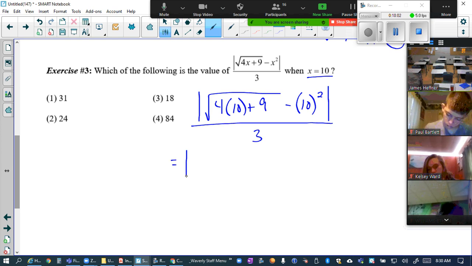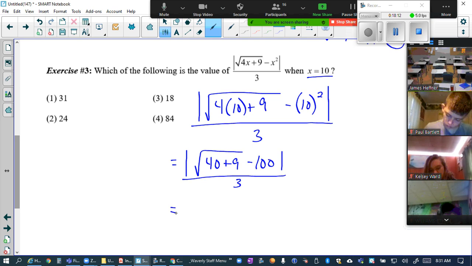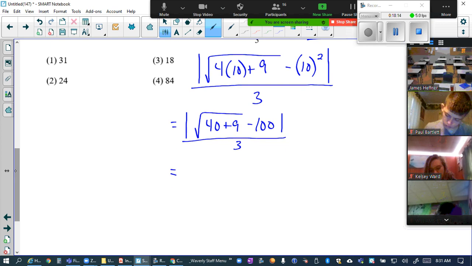Absolute value of square root of 40 plus 9 minus 100, all over 3. Absolute value of the square root of 49 minus 100 over 3.